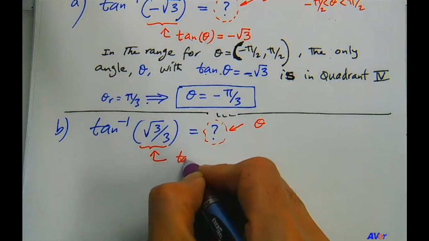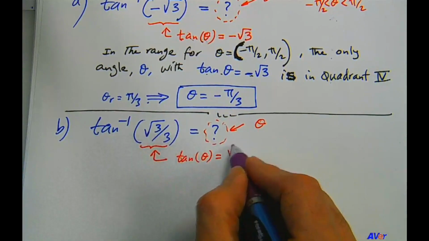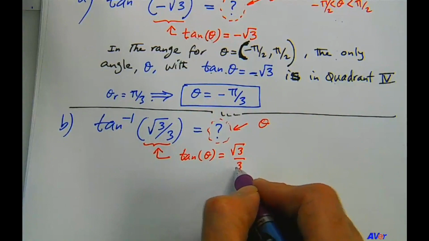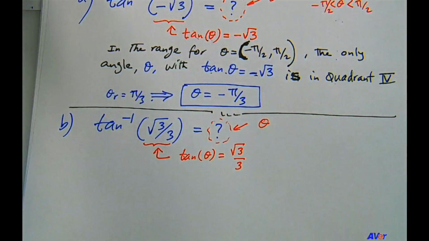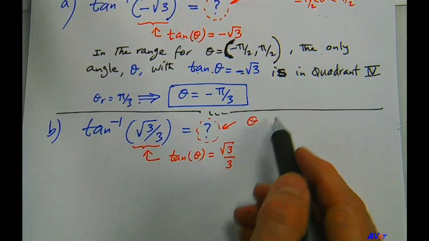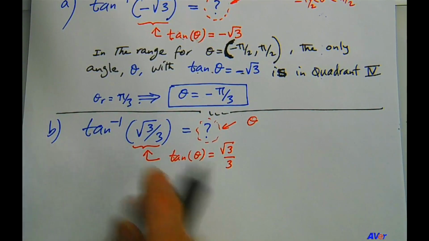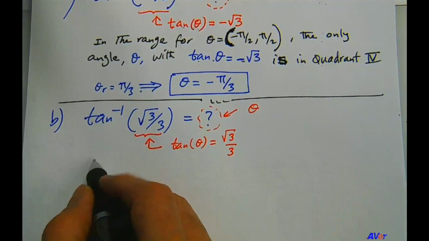So tangent of theta must be equal to this result. Remember, this theta is ranging between negative pi over 2 and positive pi over 2.